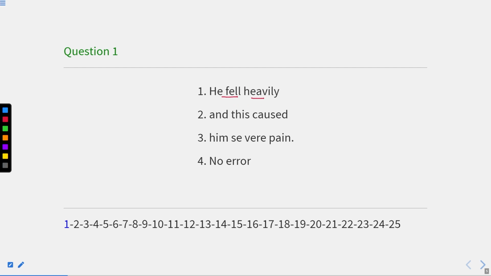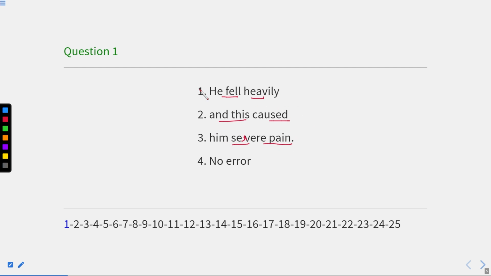He fell heavily and this caused him severe pain. Now, this is a single word, severe. He fell heavily, it means he fell badly. And this caused him severe pain, due to which he is suffering from severe pain right now.